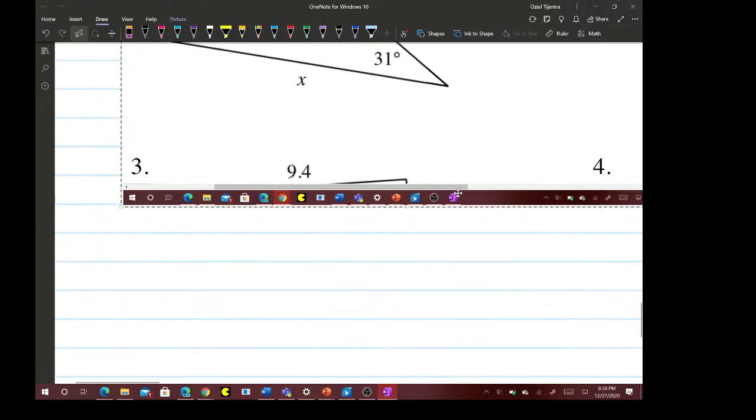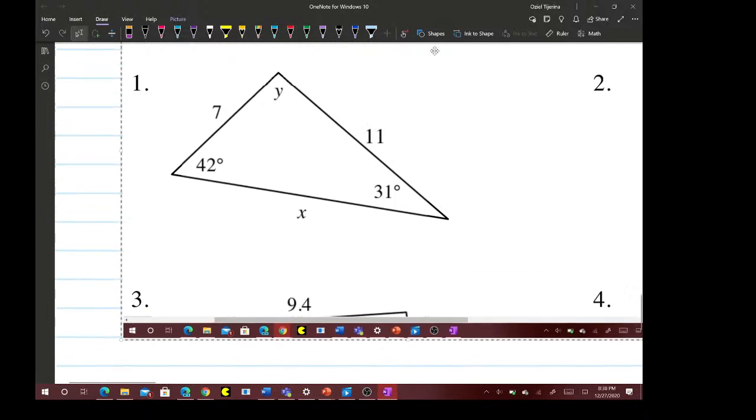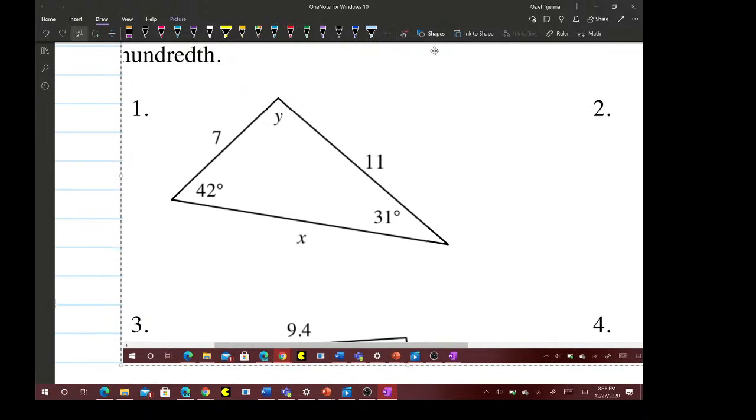So we are looking at this one. Let me see.